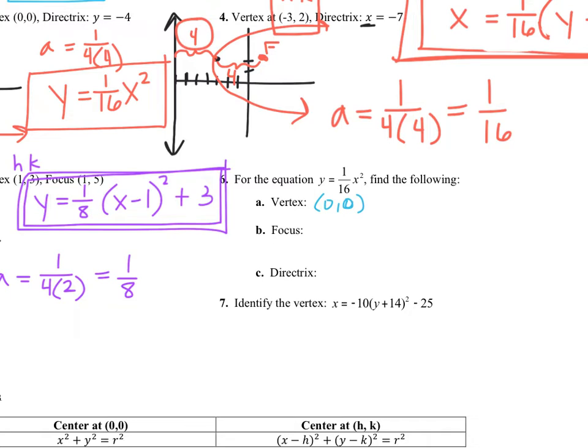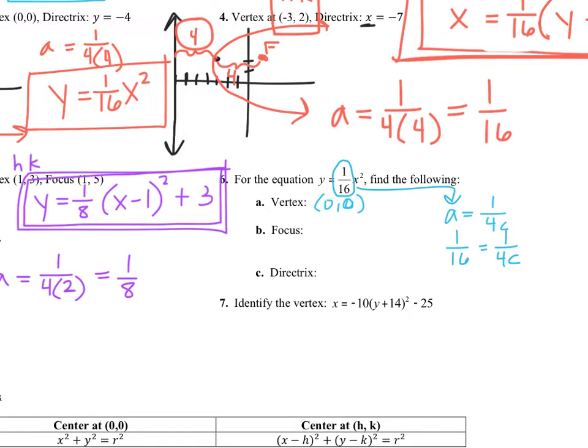Here's the thing. To find the focus, we know that a equals 1 over 4 times c, right? And we know what a is, because this is y equals a times x squared. So if we know what a is, we can plug that in for a. So 1 over 16 equals 1 over 4c. Now, if you want to cross multiply that to solve, that's fine.